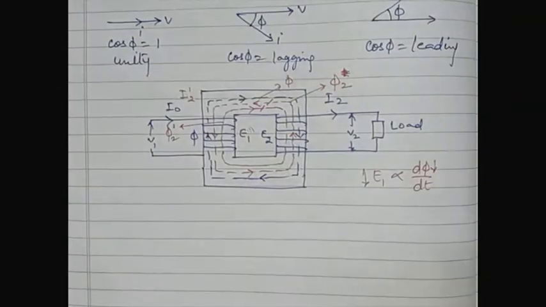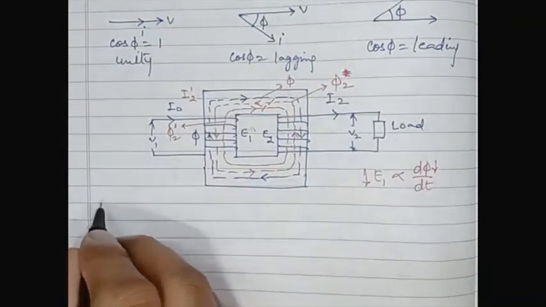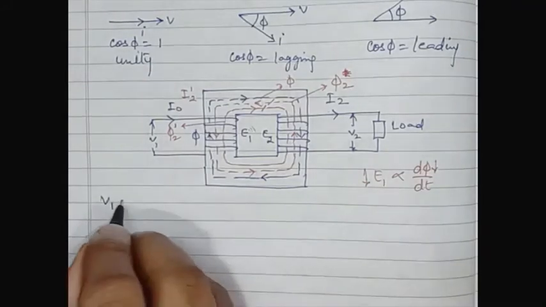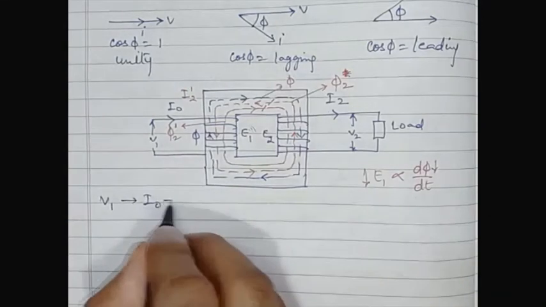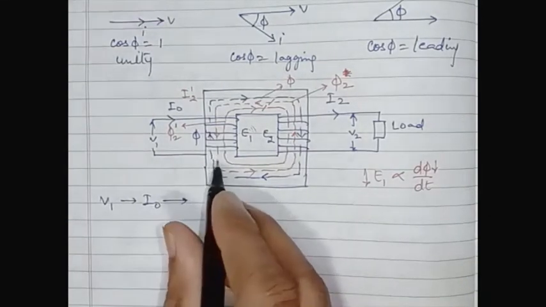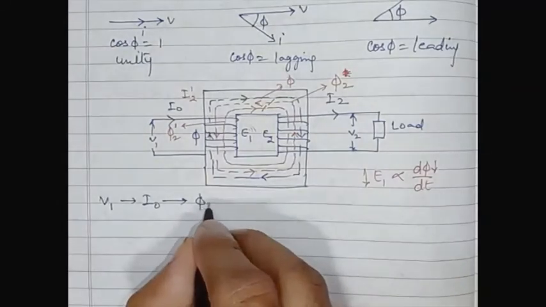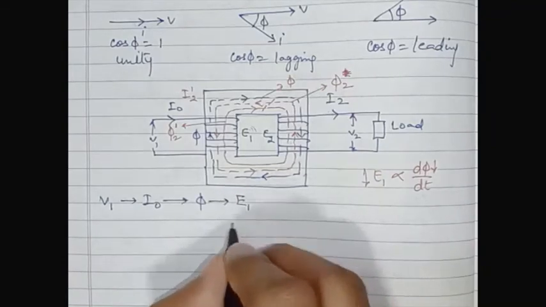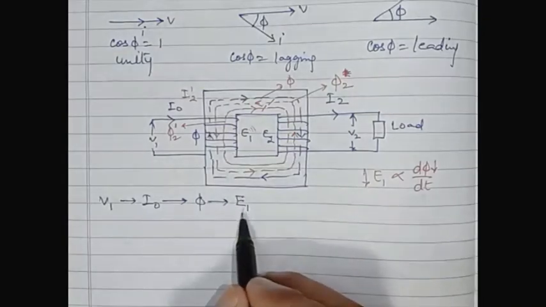Let's summarize the whole process. On application of V1, I naught flows in the primary winding. As I naught flows, flux phi is set up, and because of this flux, which is linked with the primary winding, E1 is induced in the primary winding, known as the primary induced EMF.